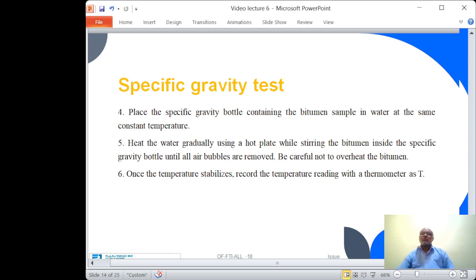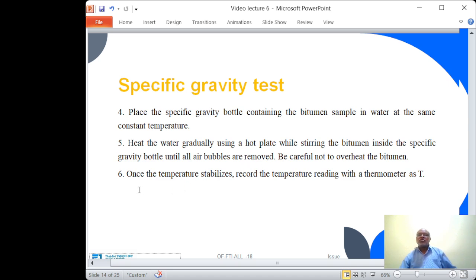Fourth, place the specific gravity bottle containing the bitumen sample in water at the same constant temperature and heat the water gradually using a hot plate while stirring, until all air bubbles are removed. Be careful not to overheat the bitumen.